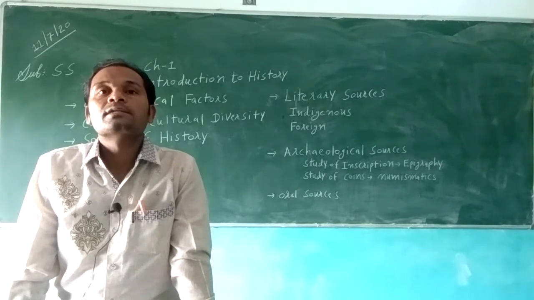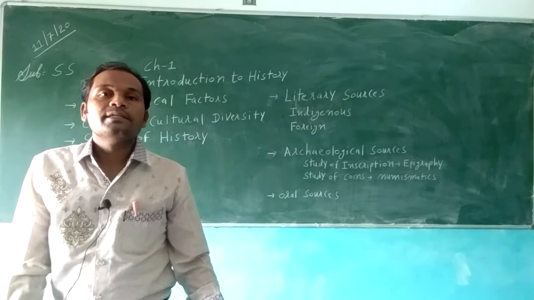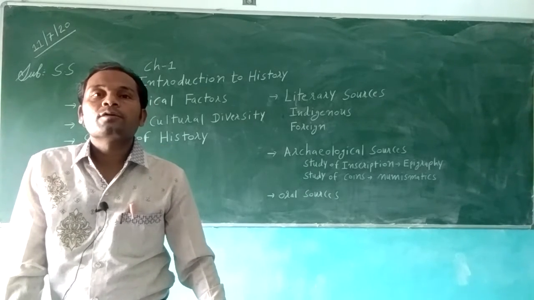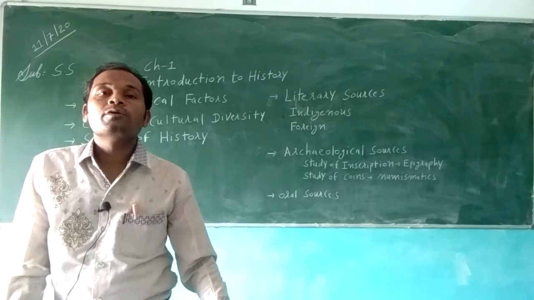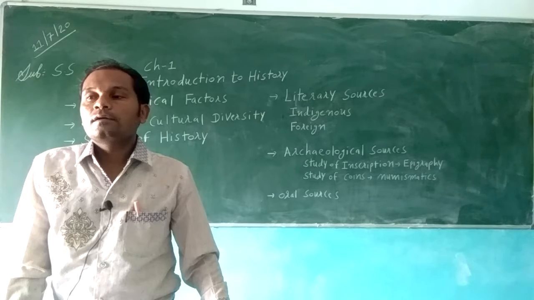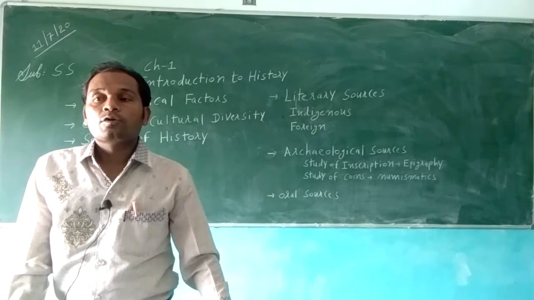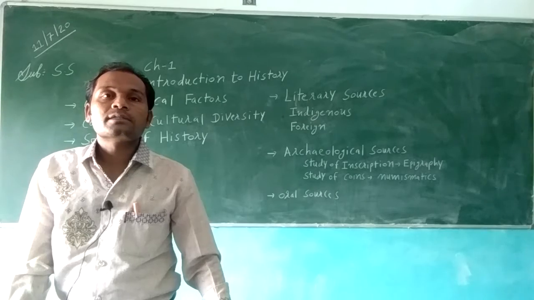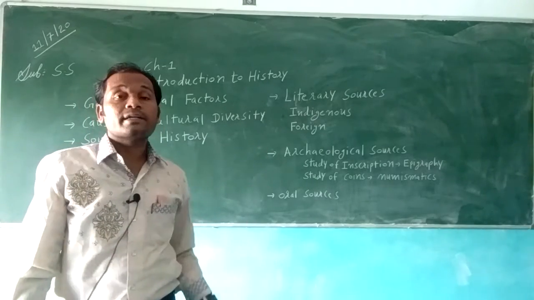Many foreign travelers came to India to visit in olden time. They recorded everything about India in their diaries, mentioning great events, the victory of a king and the date of that win. This is called foreign writers' work.